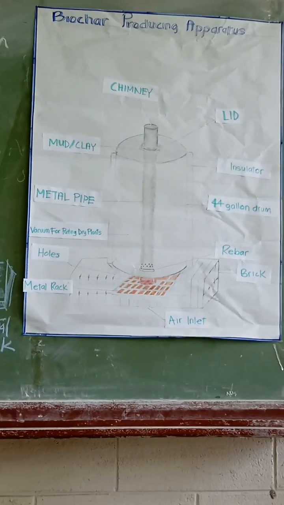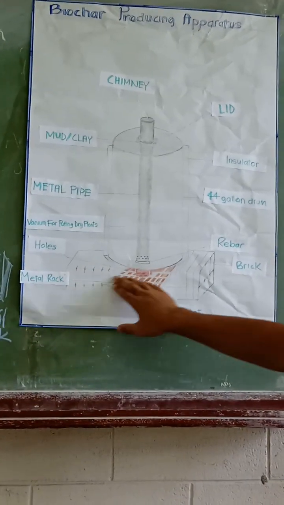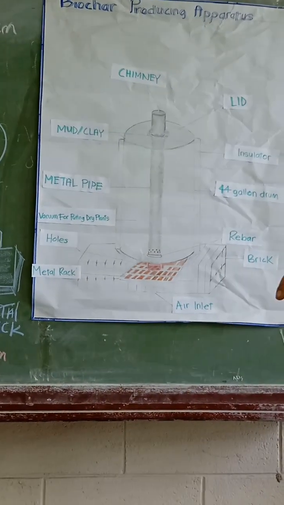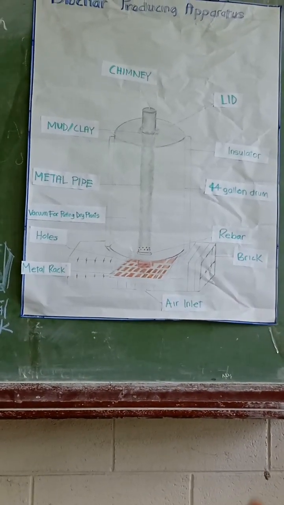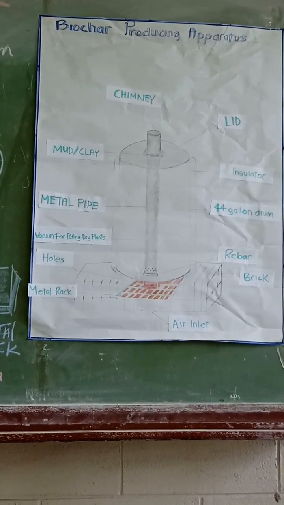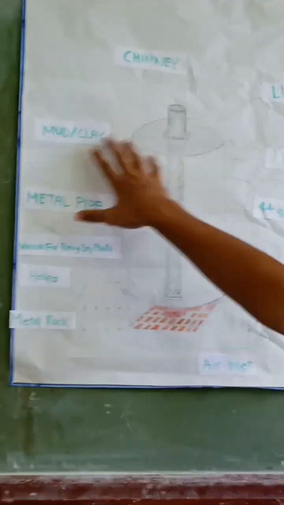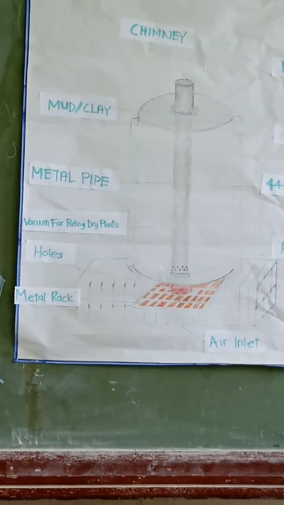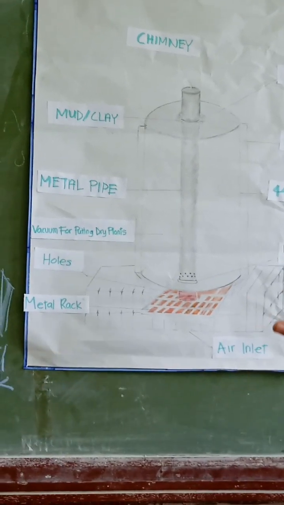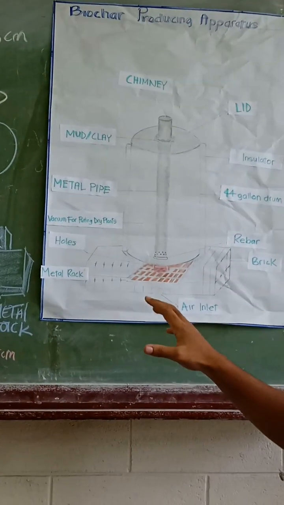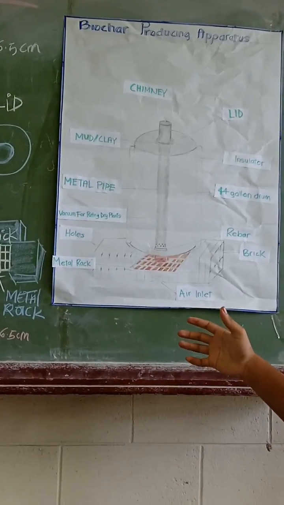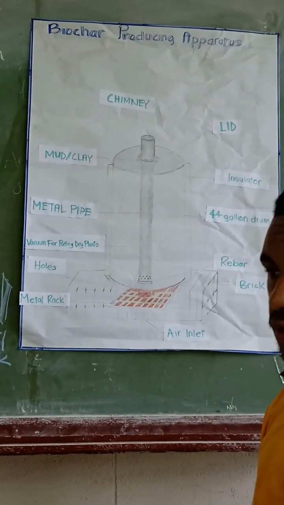We have the metal rack here, which holds the wood, and the air inlet, which lets in oxygen for the combustion of the wood, and we have the mud and the clay here just to trap in the heat. So that's all the main components that are integrated to come up with the biochar producing apparatus.